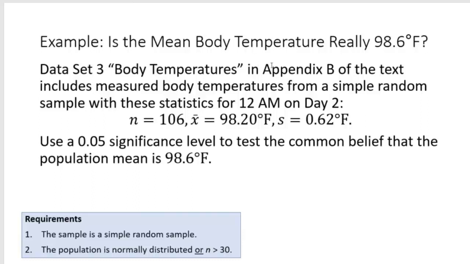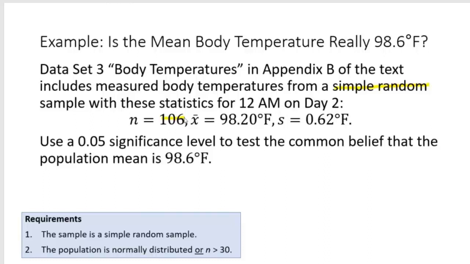There is a large data set in Appendix B of the textbook. So if you went into the online text, you could see a large data set. But rather than try to put all that here, what I'm just going to tell you is that it does come from a simple random sample. And here are the statistics for one particular day of it.